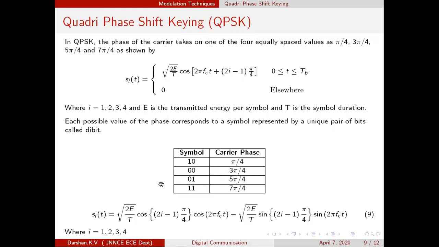A very simple thing: root of 2 by T into cos 2 pi fct is the basis. So what is left out? Root E into cos of (2i minus 1) pi by 4 is left. Over here, root E into sin of (2i minus 1) pi by 4 is left out.